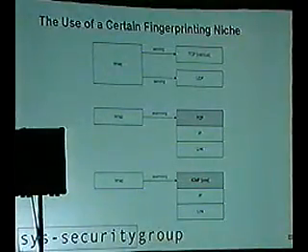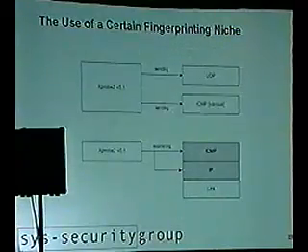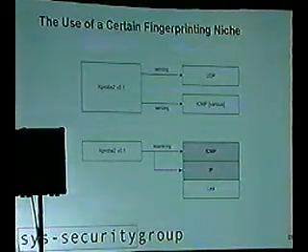The use of a certain fingerprinting niche is a problem as well. If we are looking at, for example, Xprobe2 v0.1, then with that particular version of the tool we are using only ICMP-based fingerprinting tests. It means that on some tests we will fail to provide the much expected result, meaning that we'll be able to tell that this is a Sun Solaris box, but we will not be able to say which version of Solaris is the exact version on the machine.